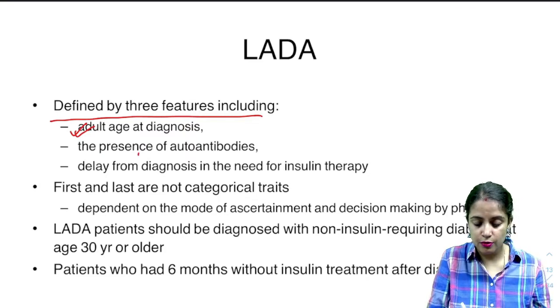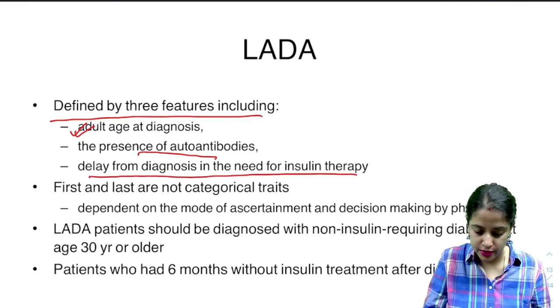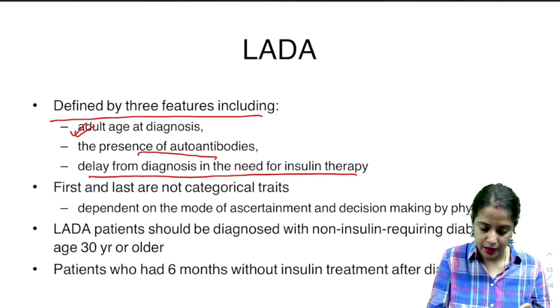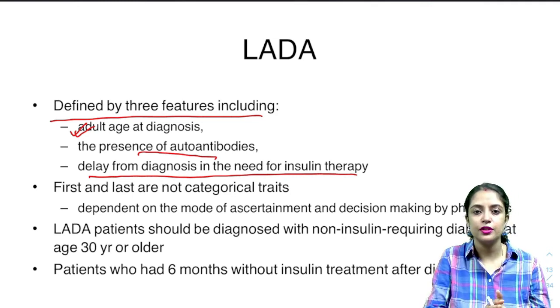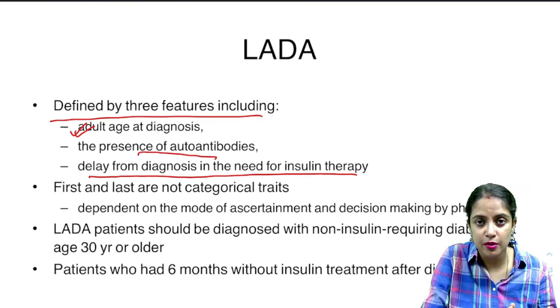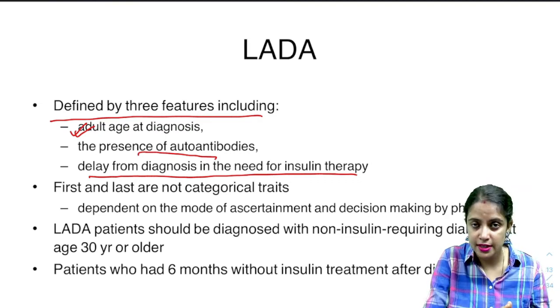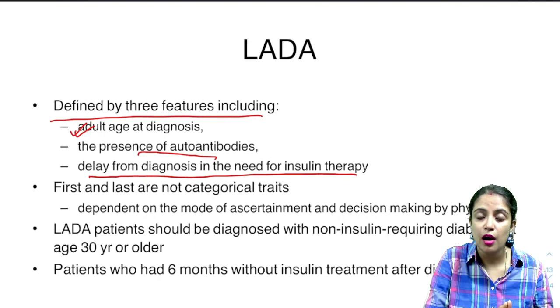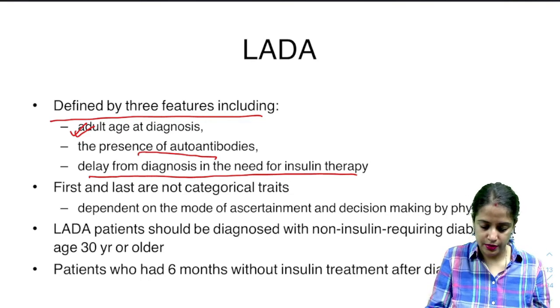There is presence of autoantibodies, and there is a delay from diagnosis in the need for insulin therapy. That means this group of patients are usually adult at the time the diagnosis is made. They have autoantibodies, and they usually do not require insulin at the time of diagnosis.